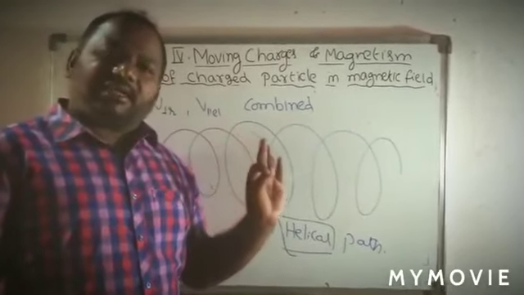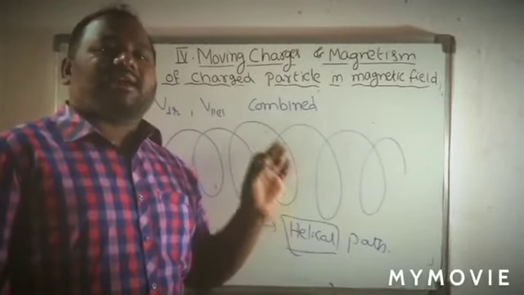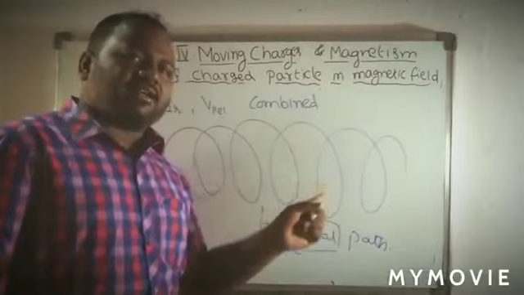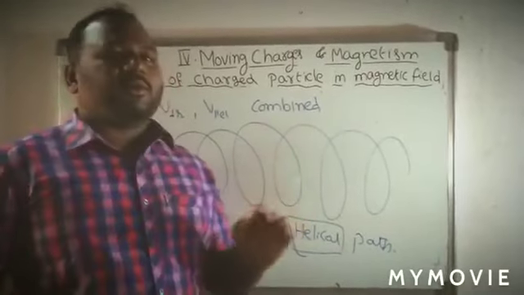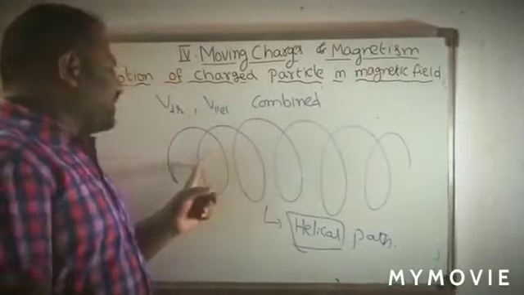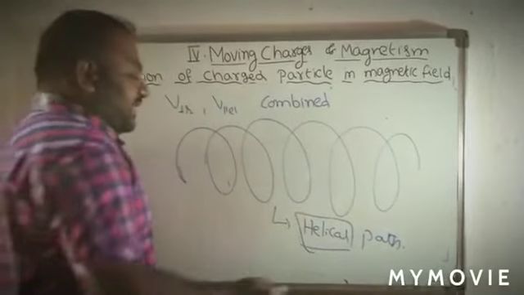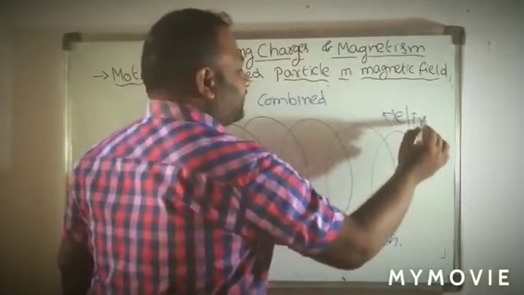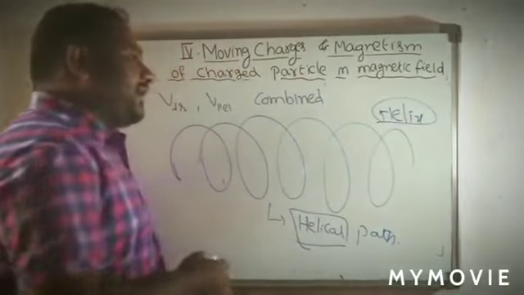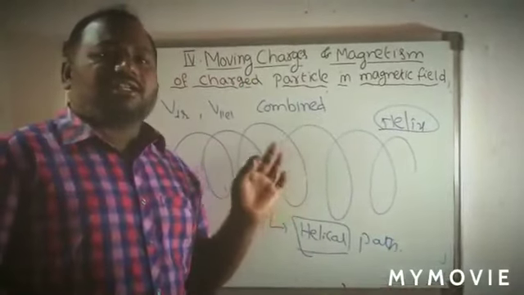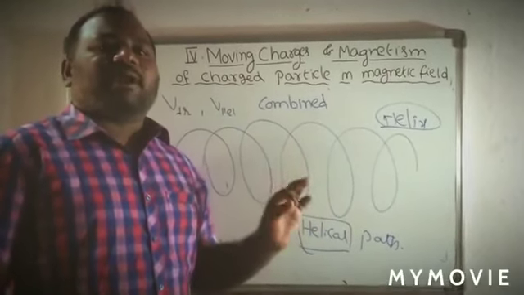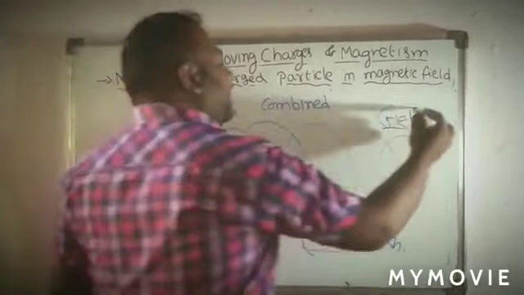But generally both velocities exist at a time, so the circular path and linear path are combined and we get this path, known as the helical path or helix. So what is our conclusion? When a charged particle is placed in a magnetic field, the path of the charged particle is a helix.